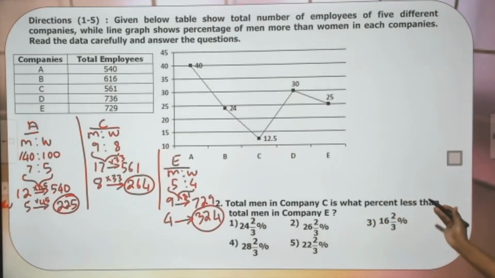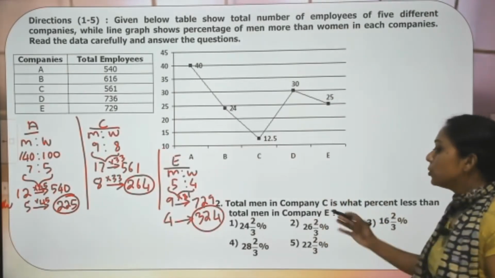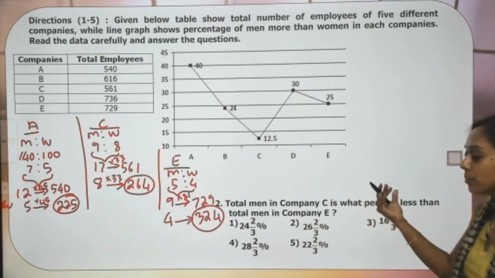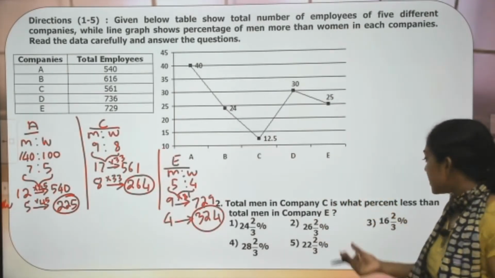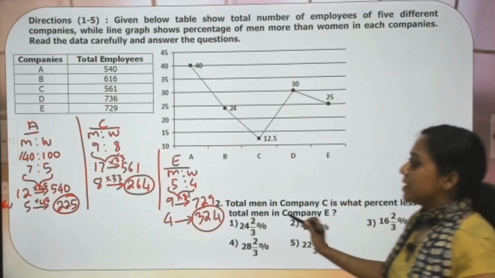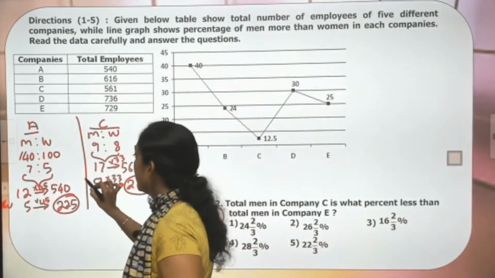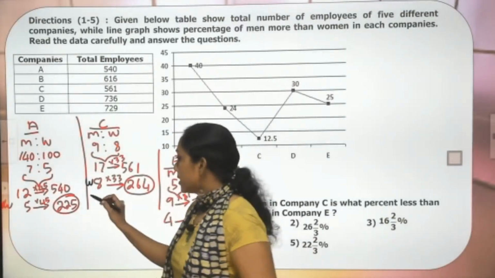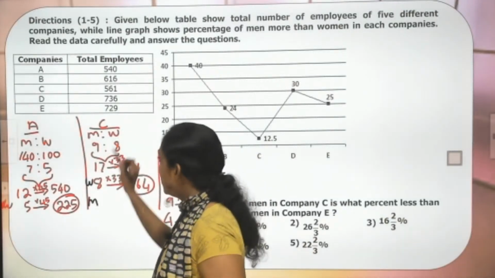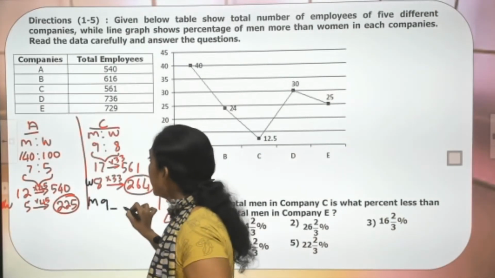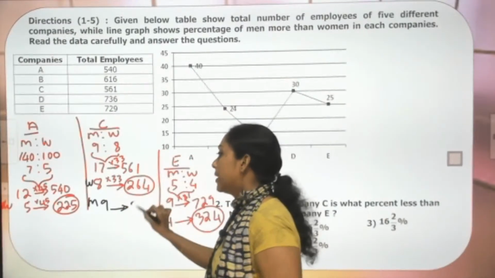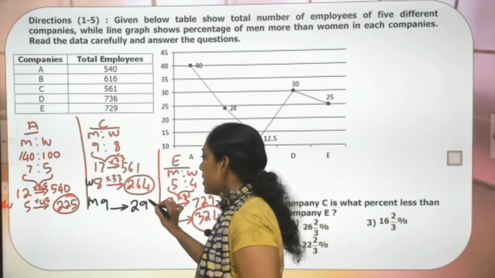Okay, so let's proceed. In question number 2, you have to find out the number of male employees. In company C, this is the value for women, and the men value will be 9. So 9 into 33 is 297.